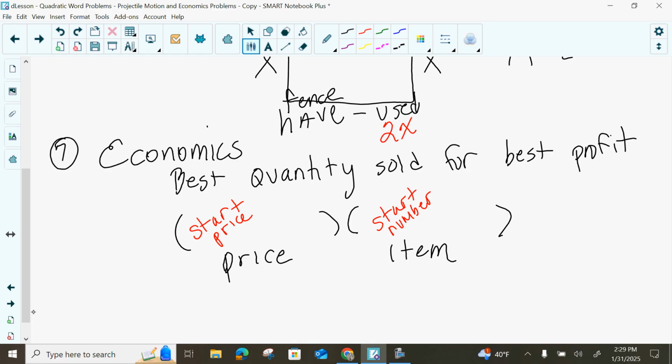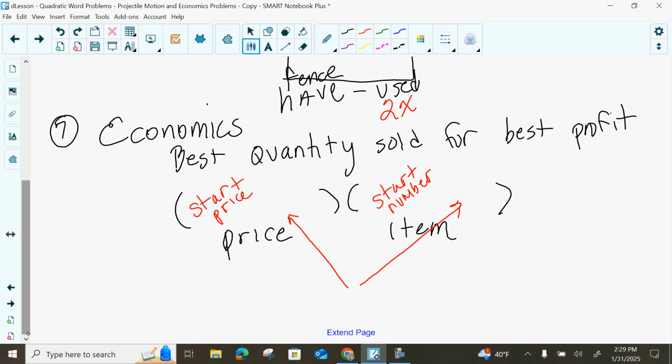Then in both of these second parts, this is where your variable is going to be. So if it increases, you add something with X in it. If it decreases, it subtracts something with X in it.